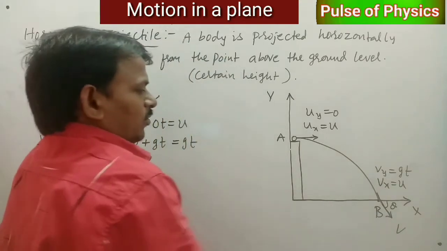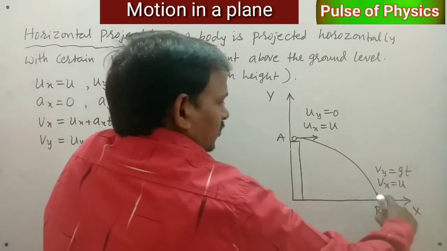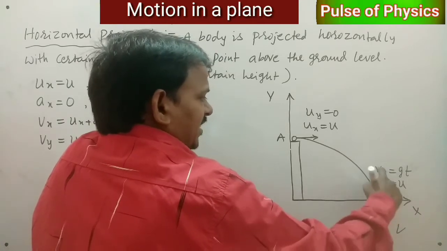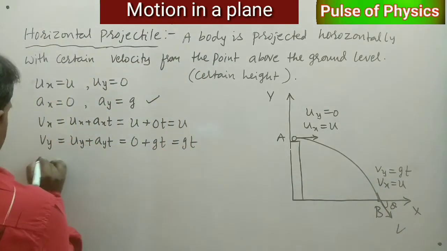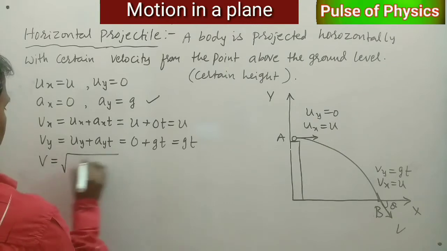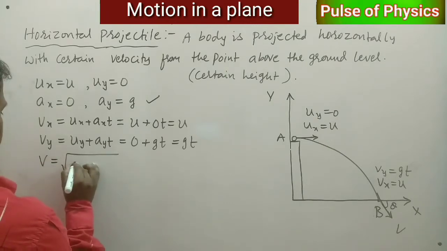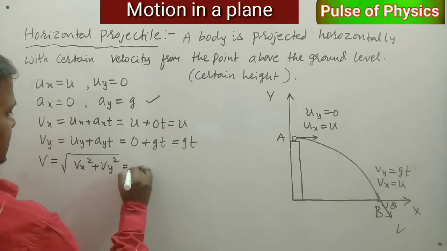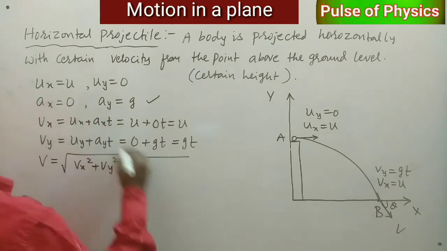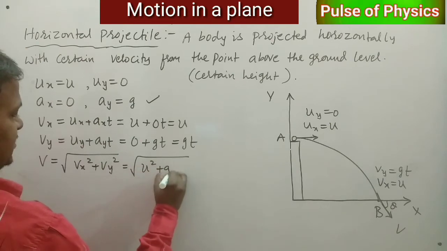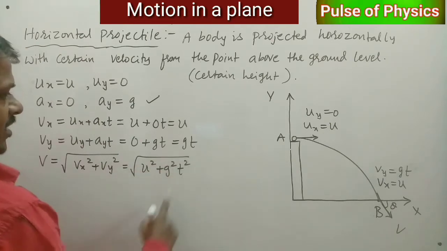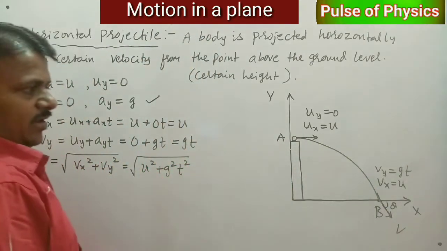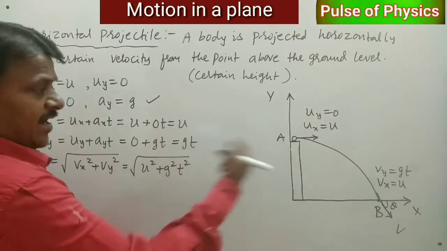Now we have to find this v by using vy and vx. V is equal to root of vx square plus vy square, it is root of u square plus g square t square. T is the time taken by body to reach the ground. That is nothing but time of flight here.